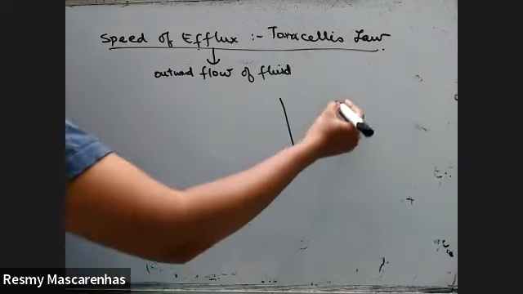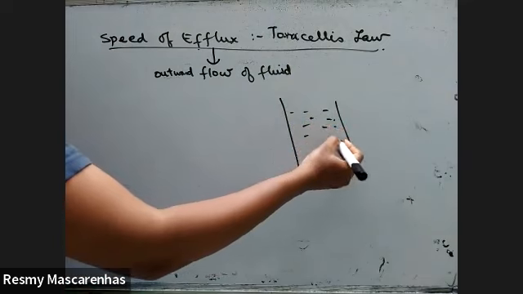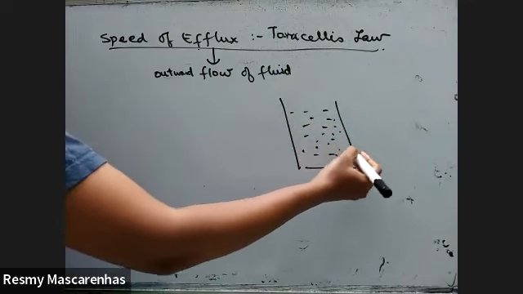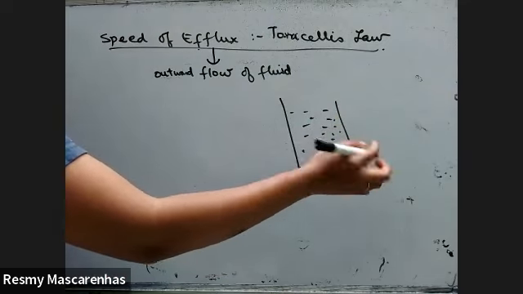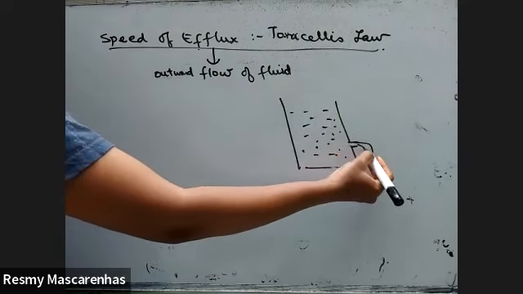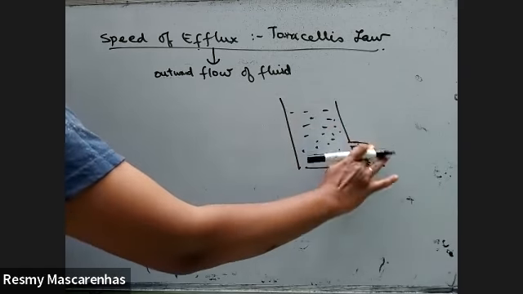He tried one experiment. He took one container. Suppose there's a fluid. He made one hole over here, and saw how much water was flowing out and calculated the speed.